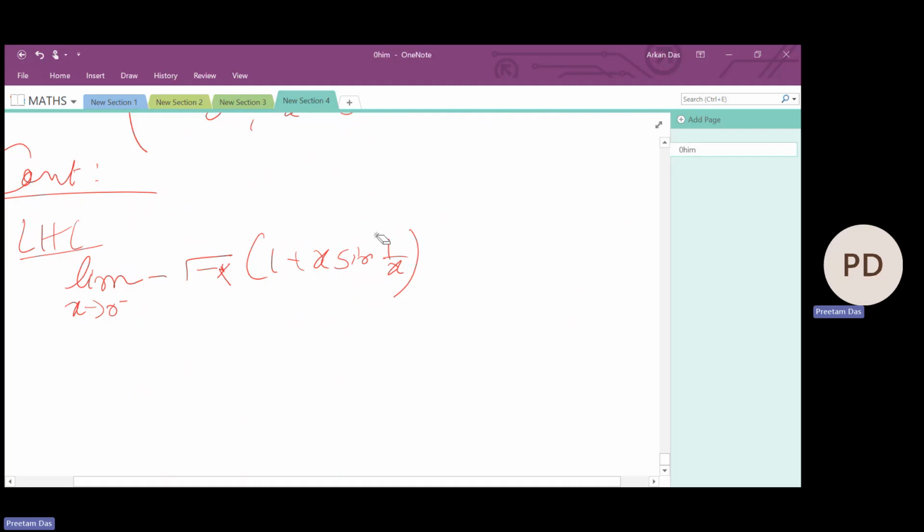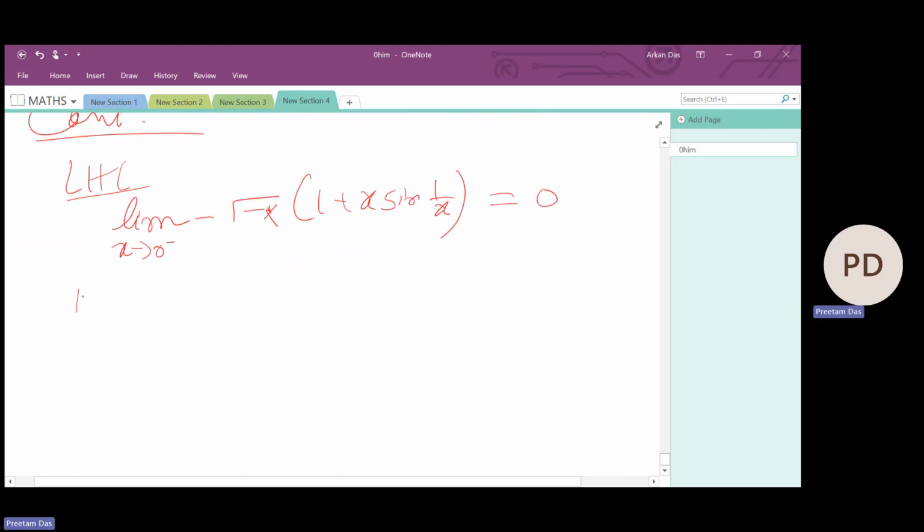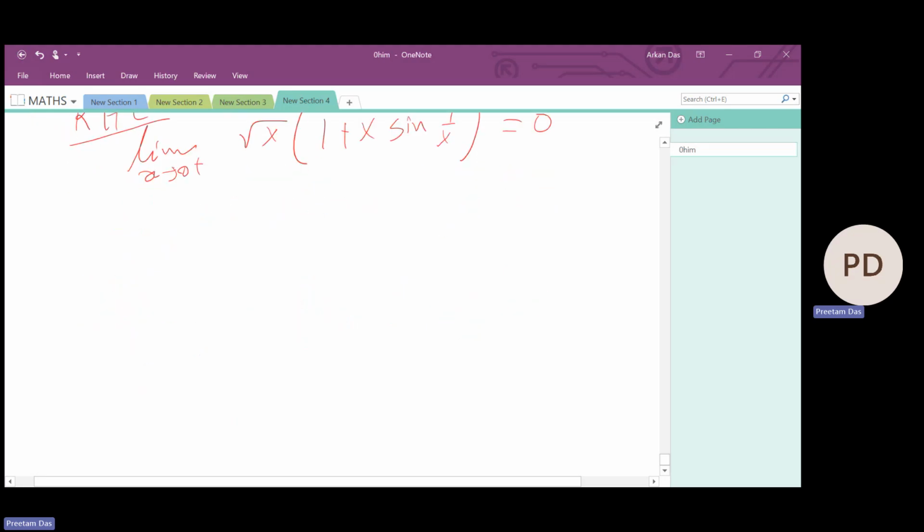What is sine 1 by x? If you put x as 0 there, then it is sine infinity. It is a finite number from minus 1 to 1, oscillating. And then multiply it by 0. Obviously, it will be 0. Overall, this will come out as 0. Right hand limit will be the same case. It will still be 0. So continuous at x equal to 0.